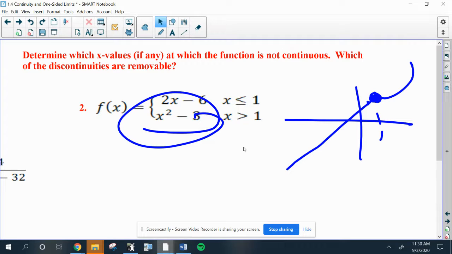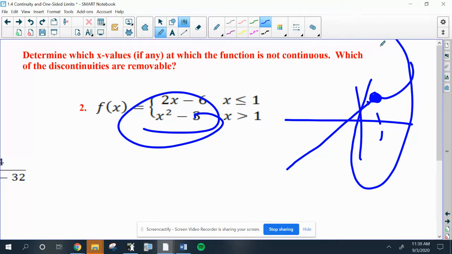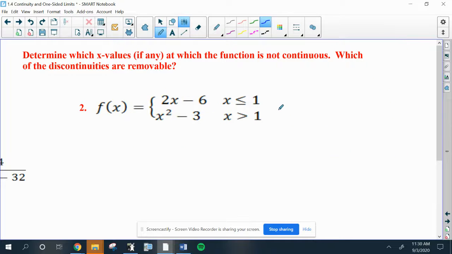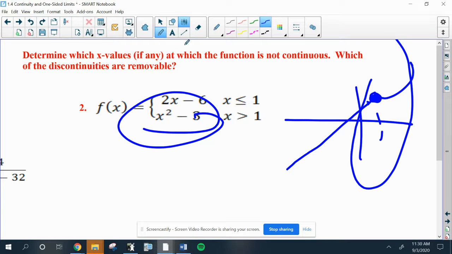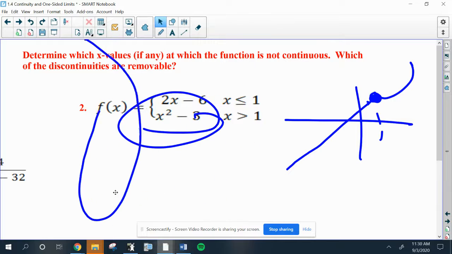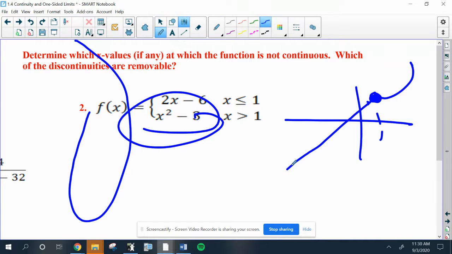So we have to figure out what's going on for this piecewise function at x equals 1. And since we've talked about one-sided limits, we'll do it in terms of one-sided limits. Basically, what we're going to do is find the limit of this function as x approaches 1 from the left.